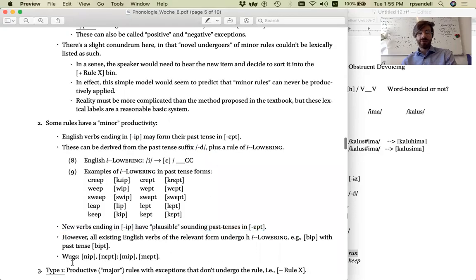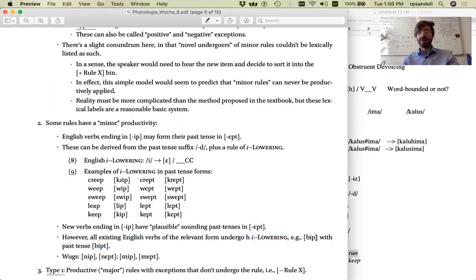So for instance, when speakers are given wug forms like neep or meep, they seem to think that the past tense forms nept or mept sound okay. They sound like possible, reasonably well-formed past tense forms to a present tense form neep or meep. However, at the same time, not all existing verbs of English do undergo e lowering in this context.